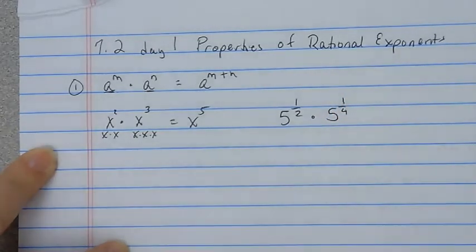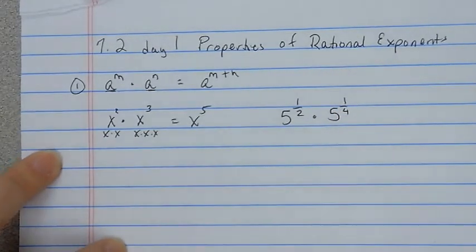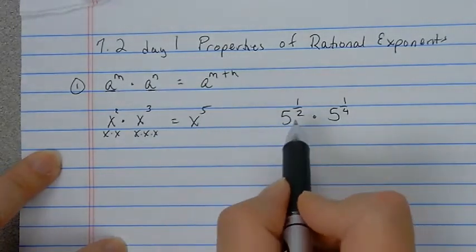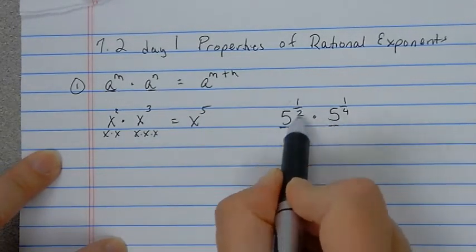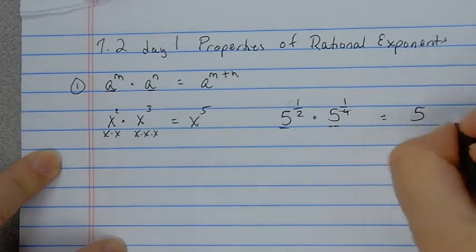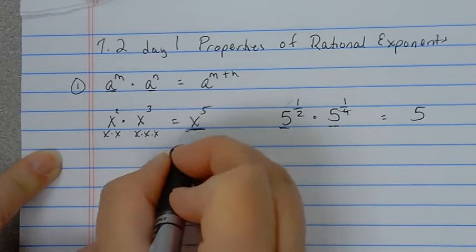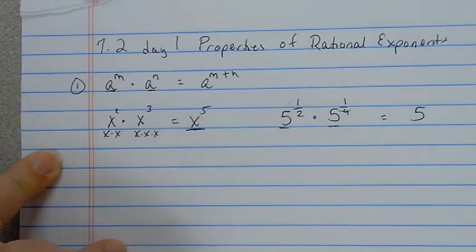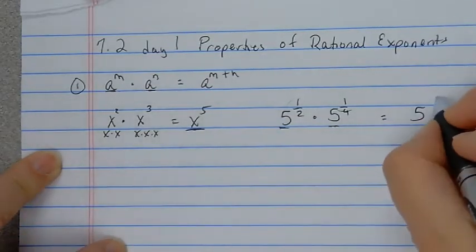So I want to remind you how you have to add fractions. In this particular case, I have the same base number, so I'm going to add the exponents. Notice the base number stays the same, just like here, the x didn't change.